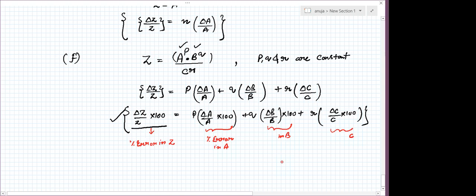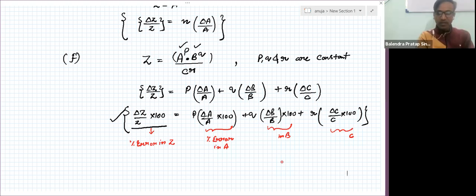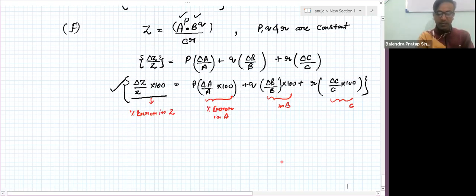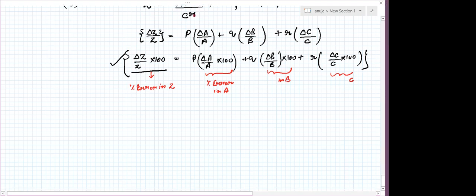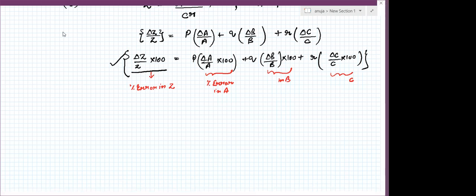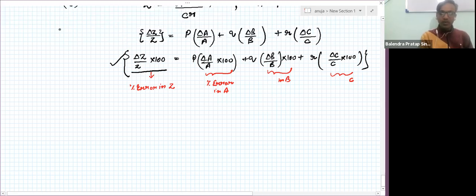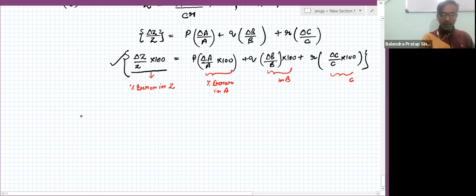Okay, let's do some problems on these last three formulas. The first problem is like, have you heard about Ohm's law? So the problem is basically on Ohm's law, using this percentage error or relative error concept.